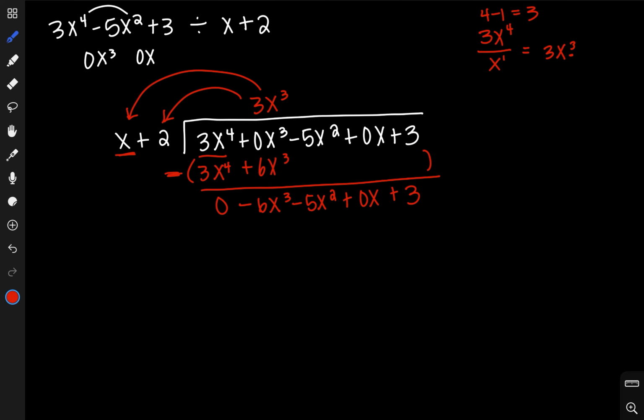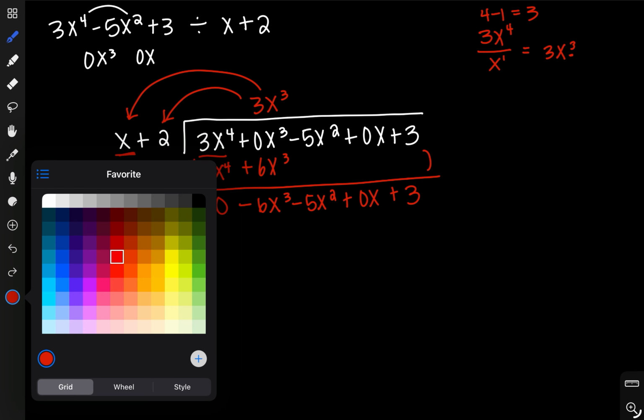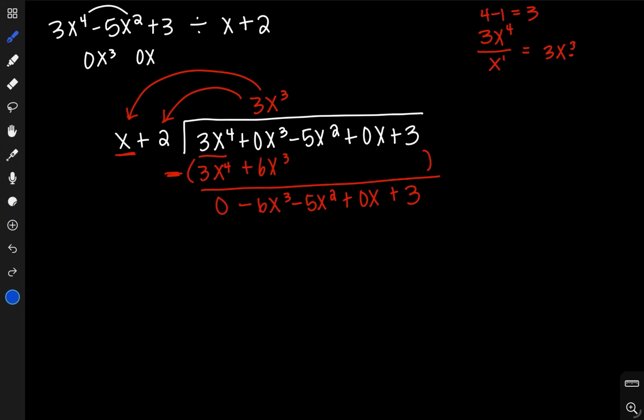We say that it's x to the third over here, but it's still x over there, so we want to keep going. Now we take negative 6x to the third and x. Over here, negative 6x to the third divided by x. We want to subtract the exponents, so 3 minus 1 is equal to 2, so it'd be negative 6x squared.